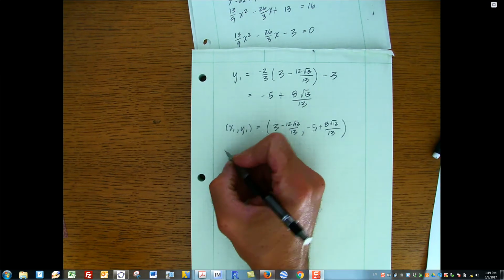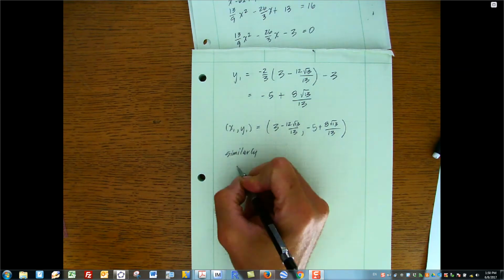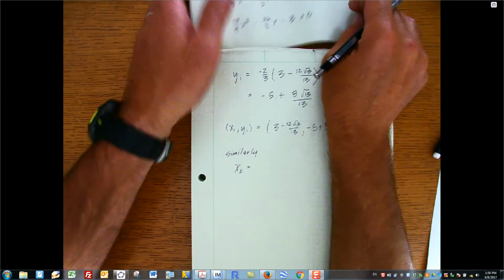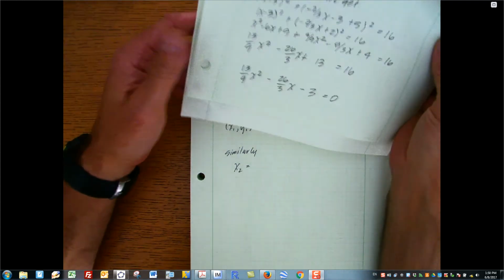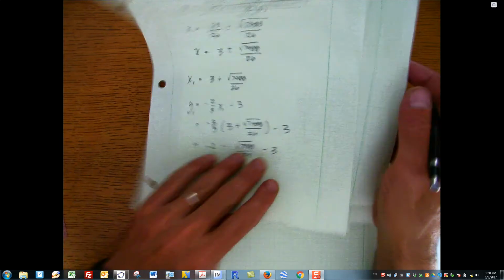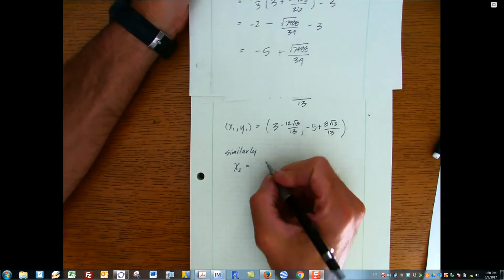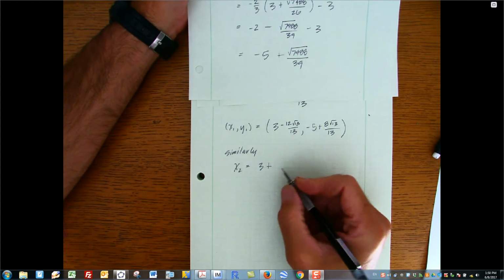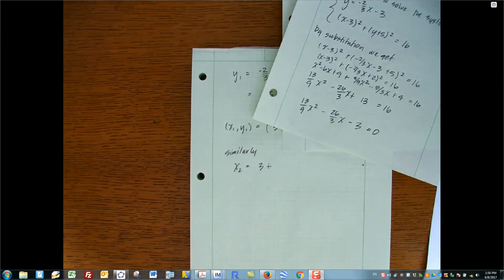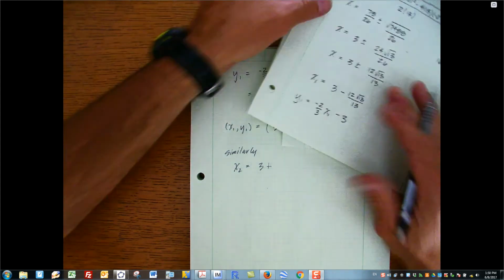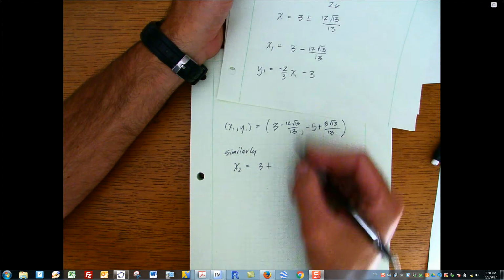But by similar argument, we can say that x2 is going to be the addition term here, so 3 plus 12 root 13 over 13.